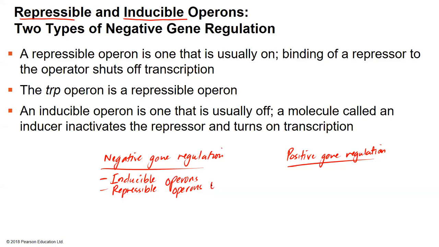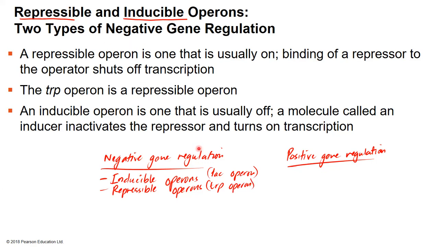Like we have the trp operon and the lac operon, which we will be discussing today, inshallah. Both are examples of negative gene regulation.